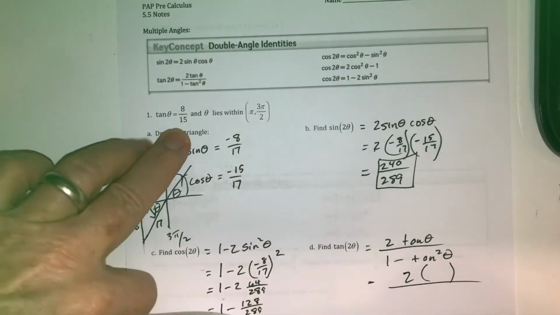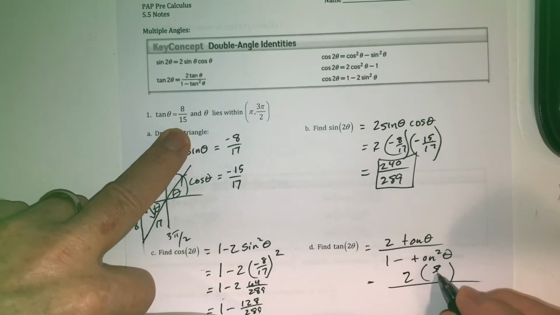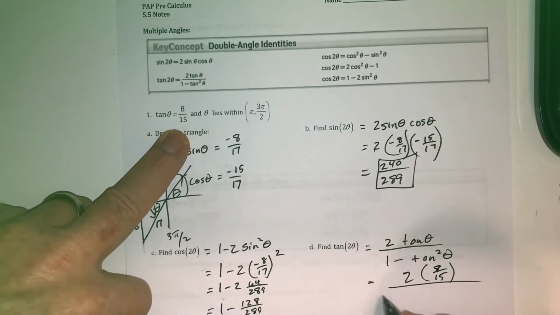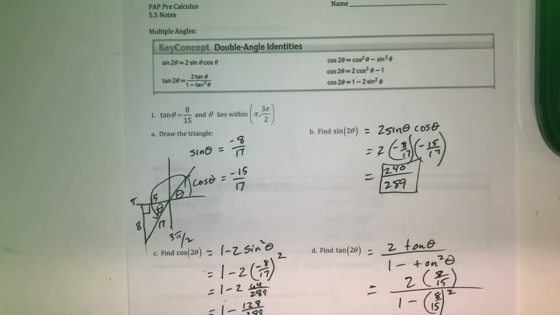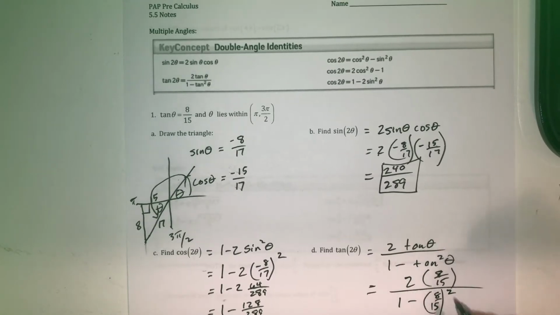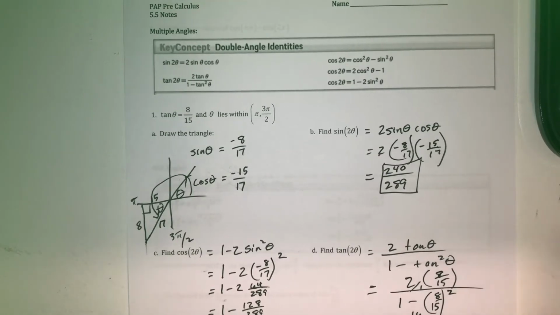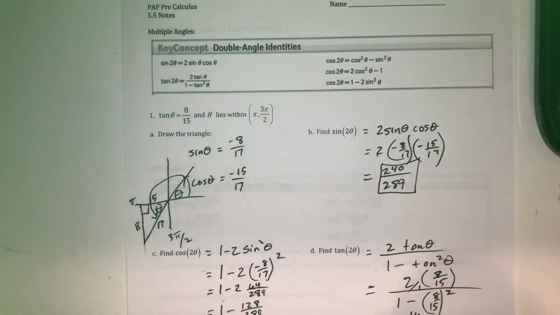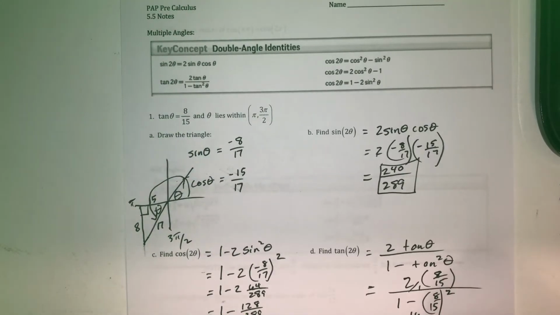They gave us the tangent, 8/15, divided by 1 minus 8/15 is the tangent squared. All right, so this would be equal to 2. Oh, wait a minute, 16. Let's just go ahead and multiply. 2 over 1 times, that's 16/15. So 16/15 divided by 1 minus 64 over 225.